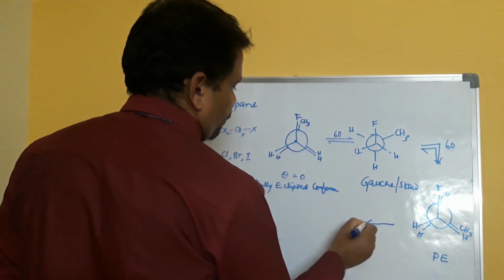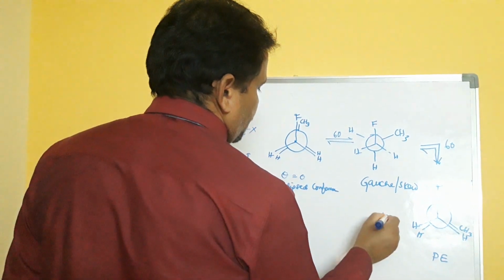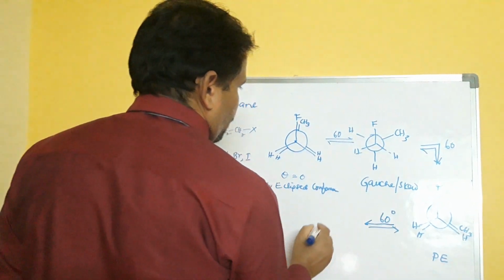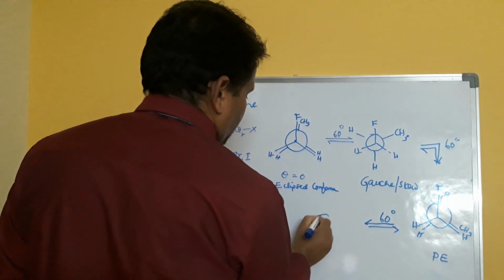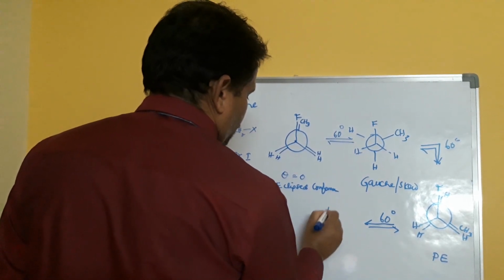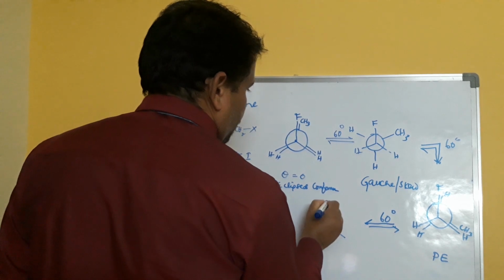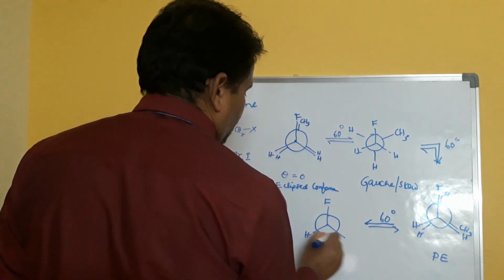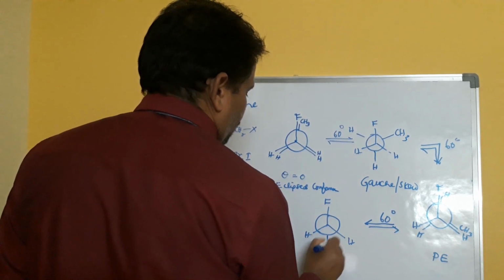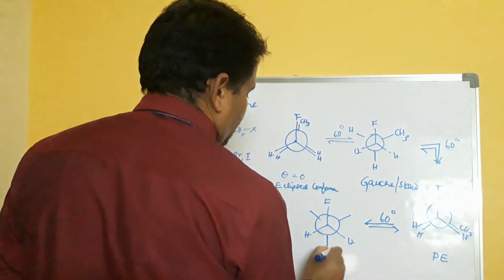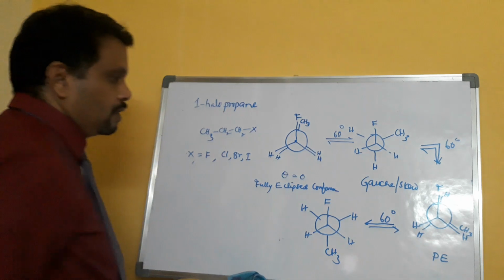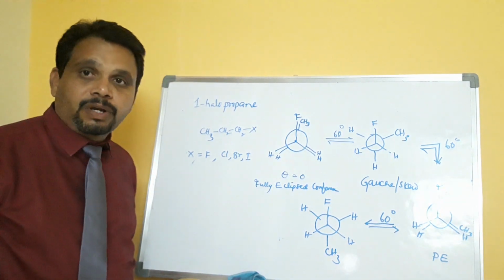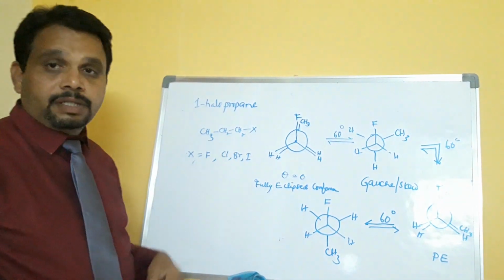And again if you rotate 60 degrees, the possible conformer is fluorine and hydrogen, CH3, hydrogen and hydrogen. So these are the conformers possible with this structure.